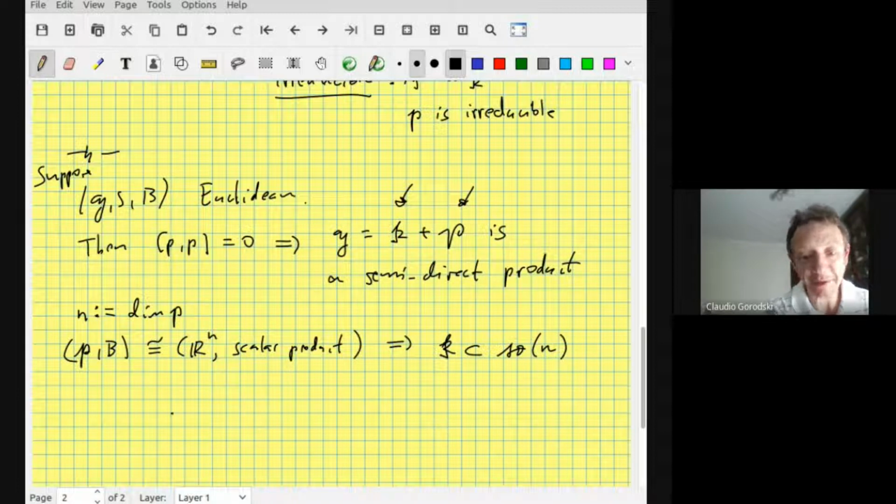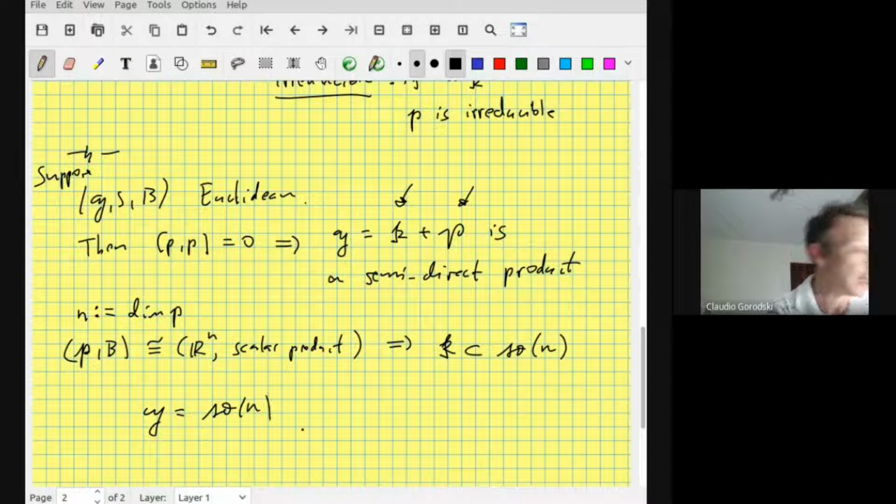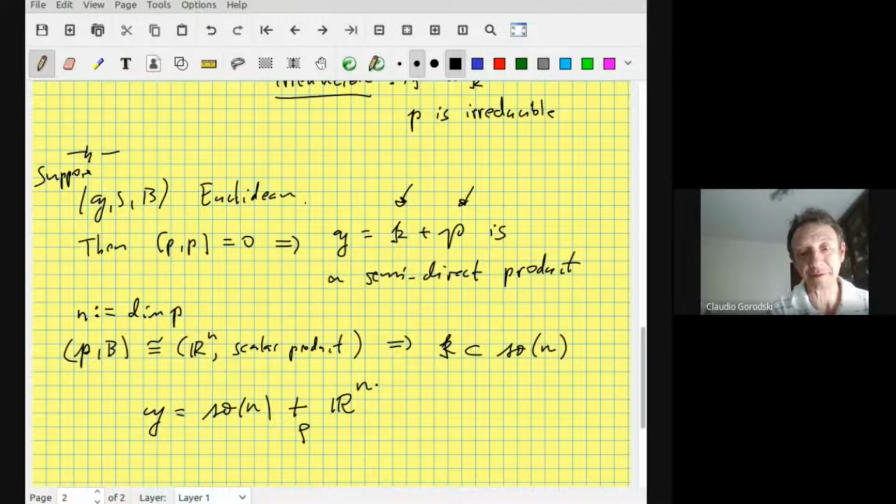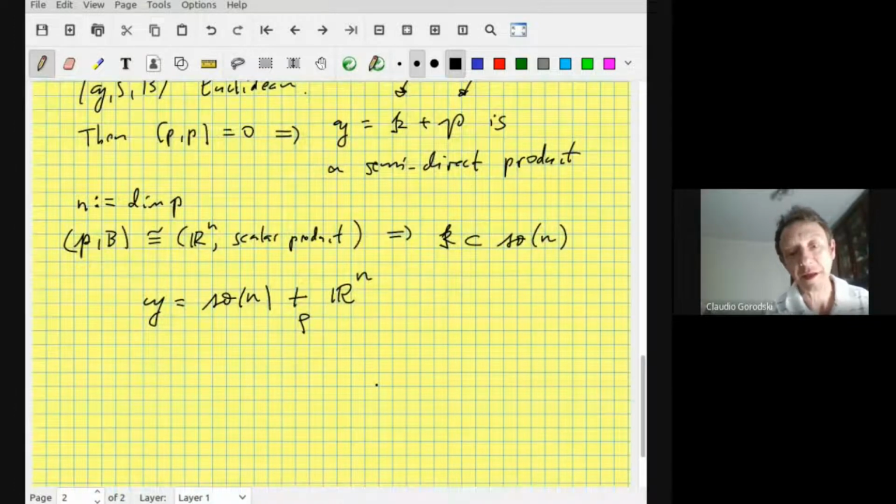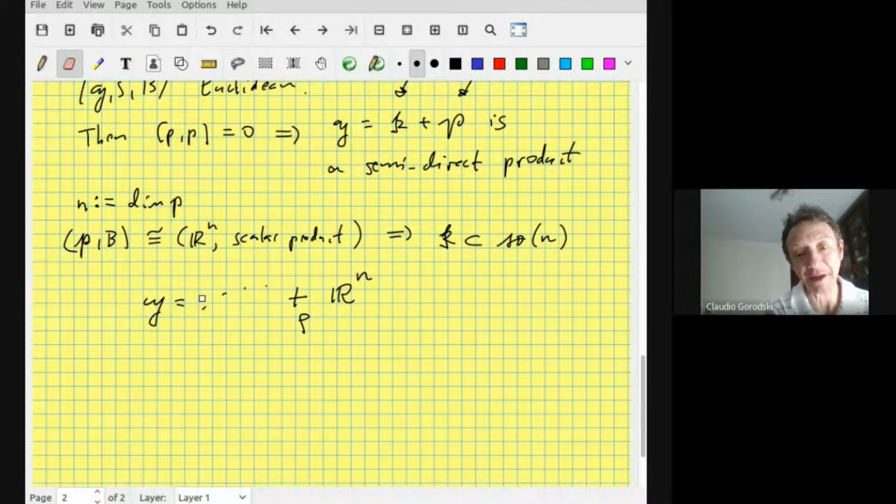So what we have in the end is G is like so(m) semi-direct product with some action on R^m. And could be so(m) or something containing so(m), yeah. Anyway.